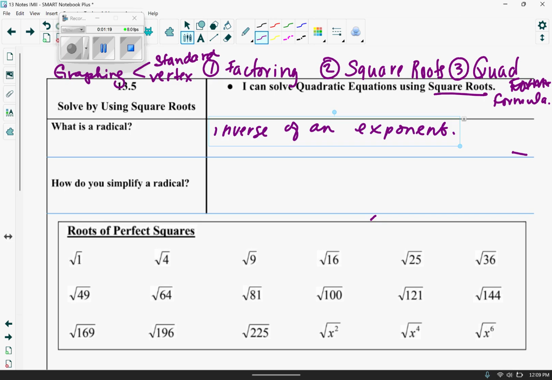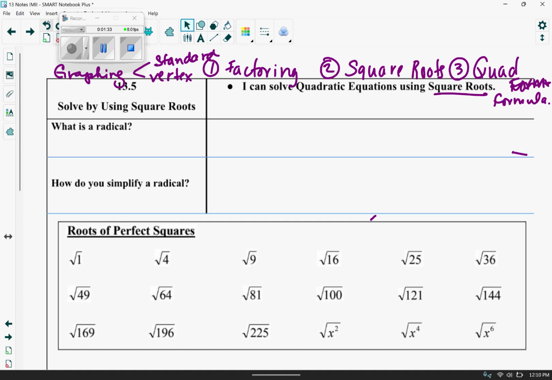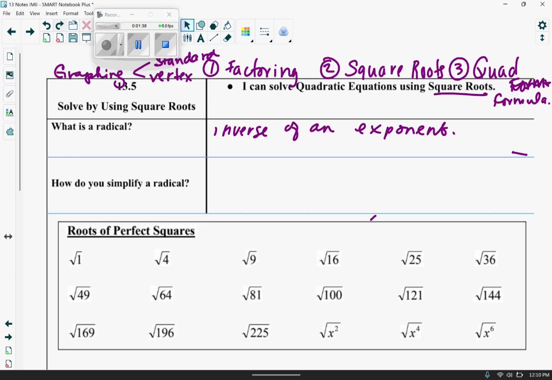For instance, if I had 81 to the 1/2 power, that's the same as the square root of 81. So a square root, basically we're asking ourselves what number times itself gives me that. So the square root of 81 is in fact 9.